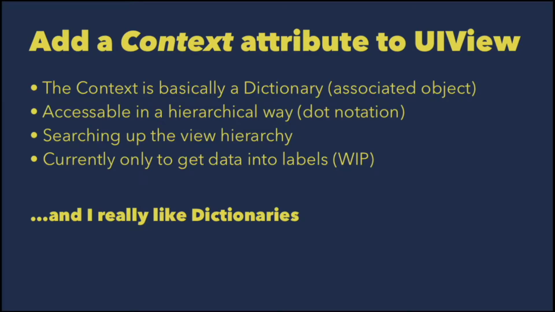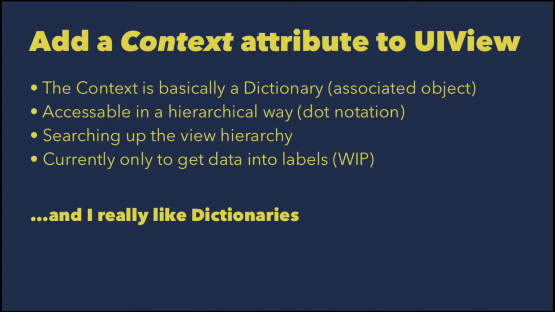Here I put a context attribute on a UIView, as an associated object, so you get this functionality on all views directly out of the box. I can access stuff. I really like dictionaries, and this is based on dictionaries, but I can also access through dot notation into the dictionary.